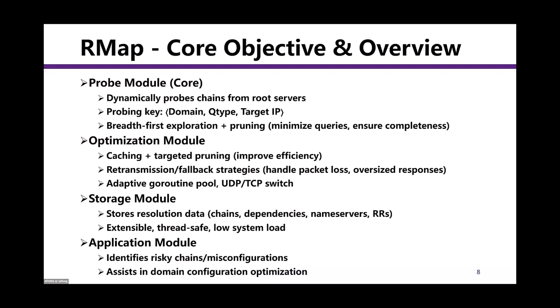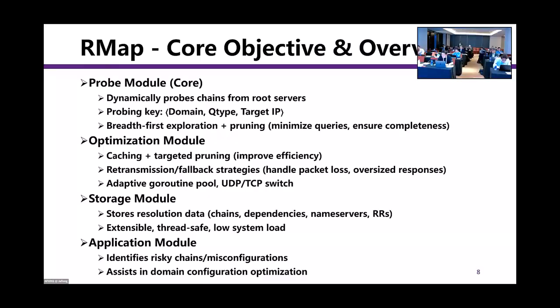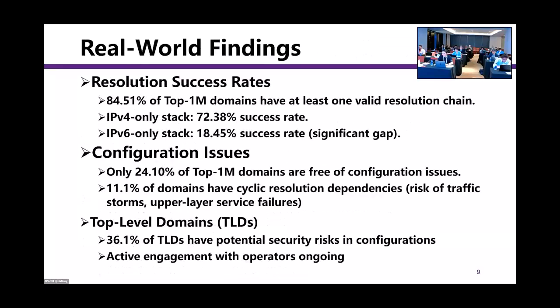It can dynamically probe chains from name servers with the key domain, query type, and target IP with a breadth-first exploration. The optimization module uses caching to improve efficiency, and it uses a fallback strategy to handle packet loss and oversized responses. The storage module stores resolution data, including chains, dependencies, name servers, and resource records. The application module can identify risky chains and misconfigurations, and it can assist in domain configuration optimization.